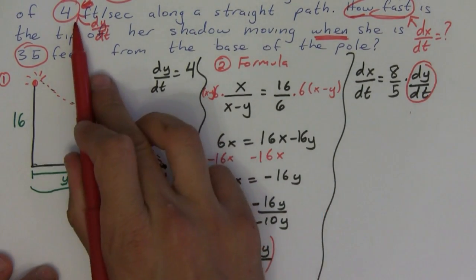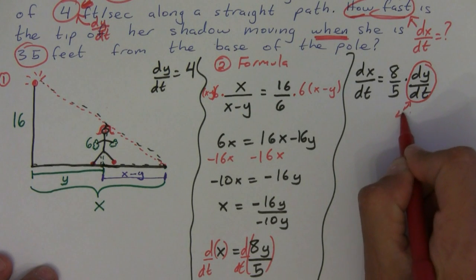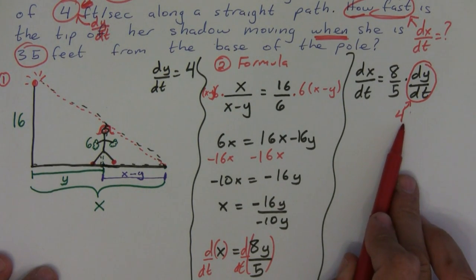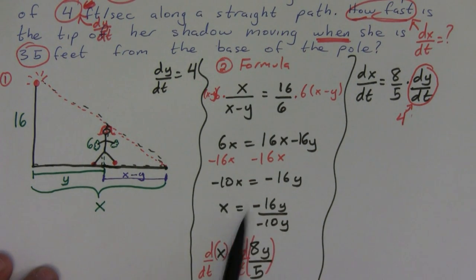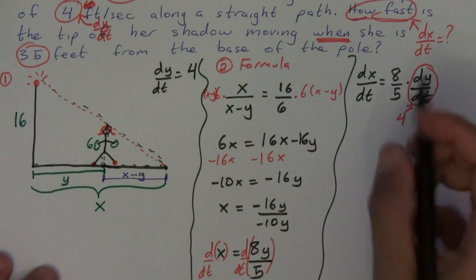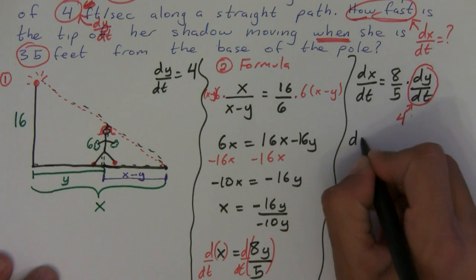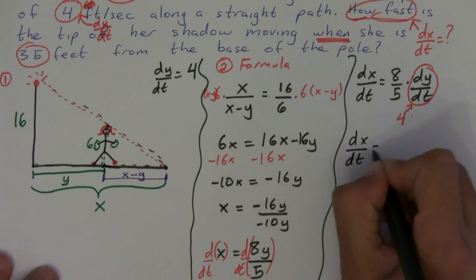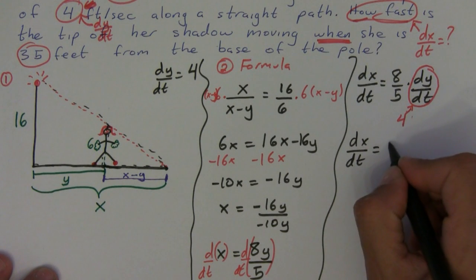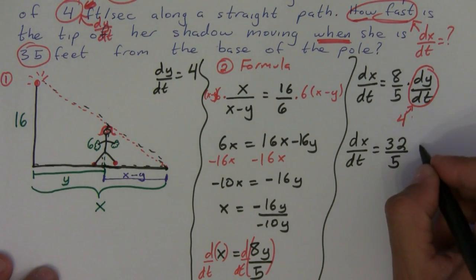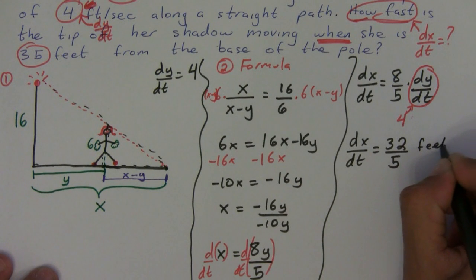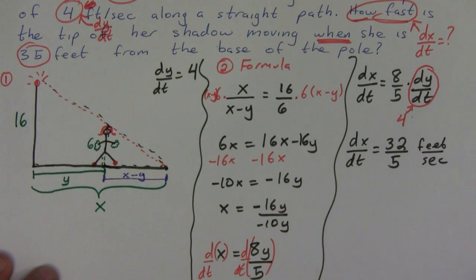I had it before. It's right here. So the interesting part about this problem is that it's deceptively easy. Once you have everything labeled, you have the similar triangles relationship, and the derivative of x with respect to time, which is what we're looking for, is just 32 over 5 feet per second.